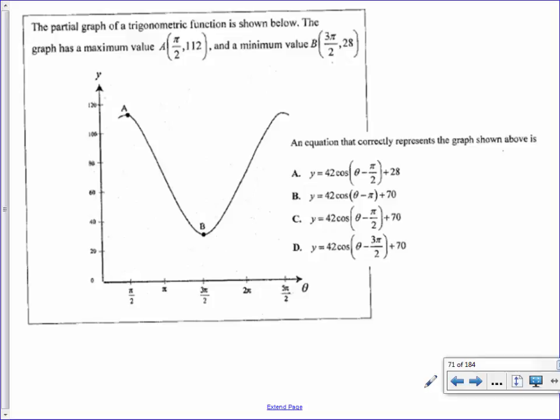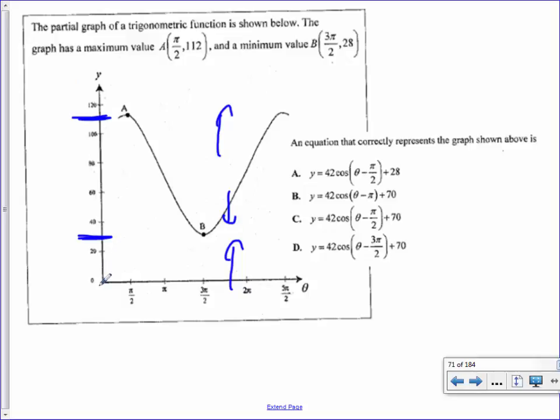What is a normal cosine graph supposed to look like? Well, it's supposed to start up at 1 and then go down and up again, right? Well, clearly this graph has had a few transformations to it. One of the transformations is that it's been moved up. Does that make sense? It's also been stretched, because from here down to here is not like from 1 to -1.